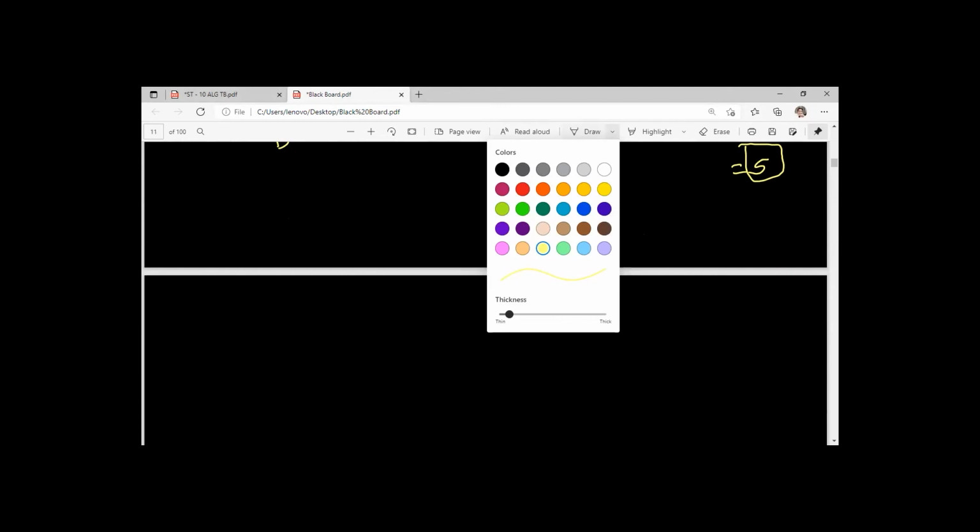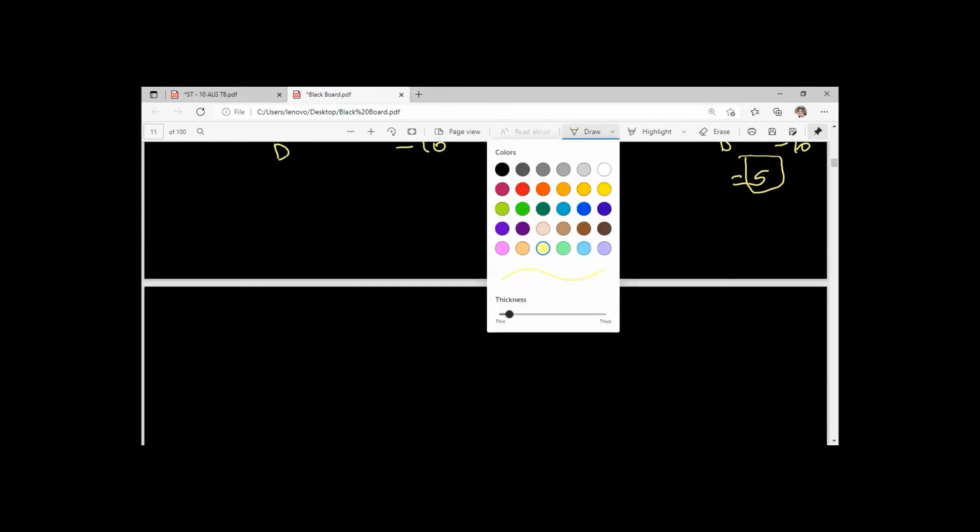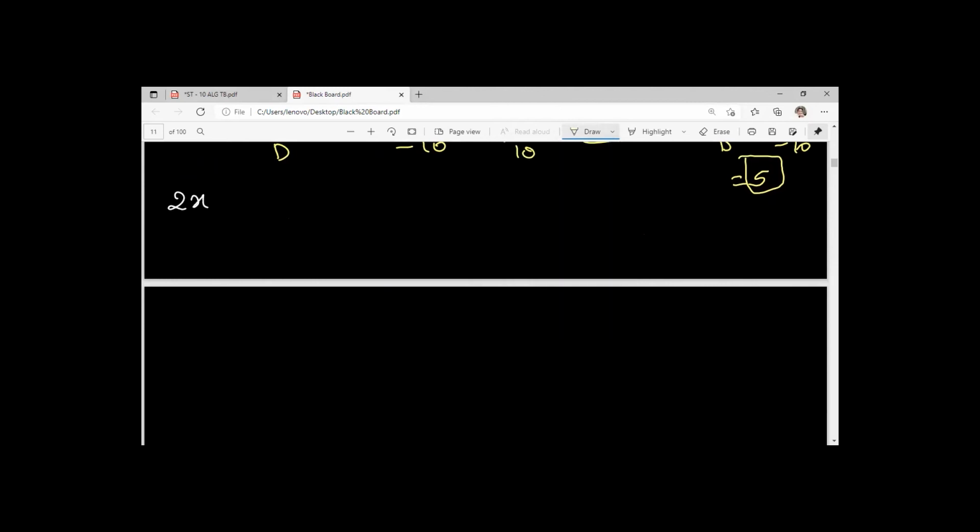What is the question? 2x plus 3y is equal to 2. The first equation looks very nice. Talking about the next equation, x minus y by 2 is equal to 1 by 2. This equation has a few changes. So rather than bringing any changes, what we can do is we can just compare the equation directly and we will solve it.